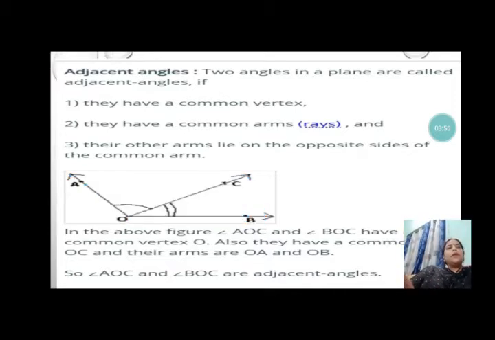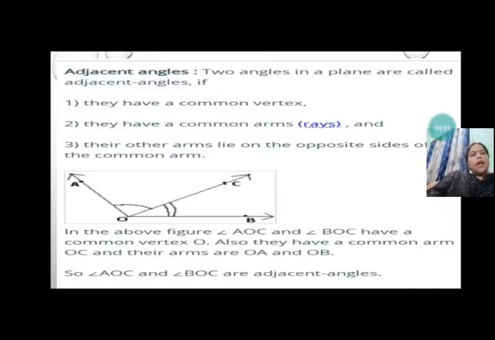Now in the above figure, AOC and BOC have a common vertex O. Also they have a common arm OC and their other arms are OA and OB. So angle AOC and angle BOC are adjacent angles.